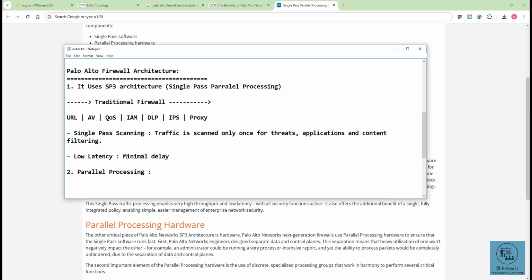For example, it will have a component called the NPU or network processing unit. It is part of the hardware. The function of this is to handle routing, switching and VPN functions.